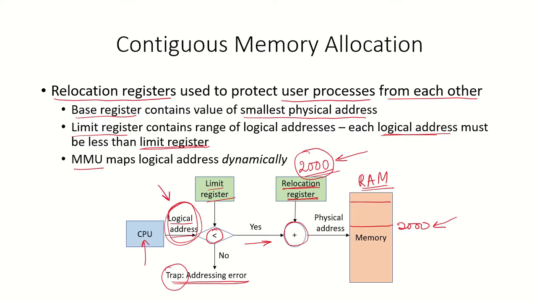This will be added to the logical address of the process, and now this particular memory address can be accessed. So in this way, the system ensures that no process accesses the address space of any other process. It will always be within the range that has been specified for that process. And the memory management unit will take care of this and will map the logical address dynamically to the physical address.